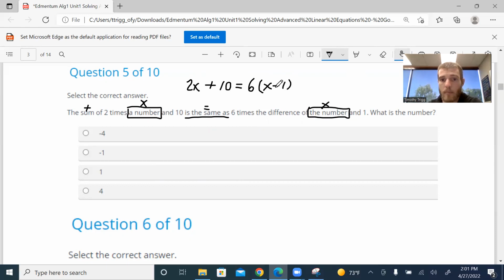The difference, that's why I'm subtracting.